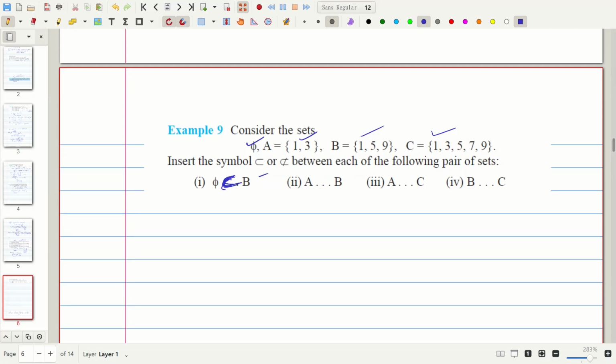We cannot say that phi has an element which is not present in B. So the empty set is a subset of another set.